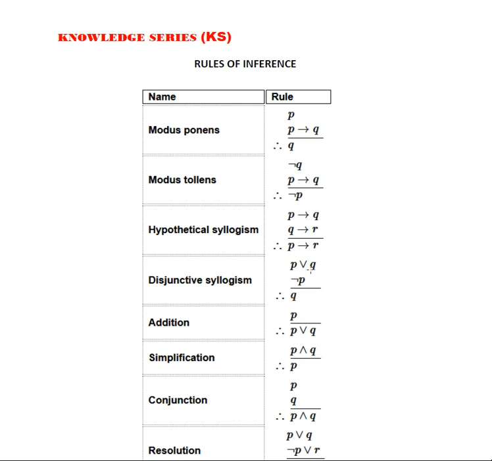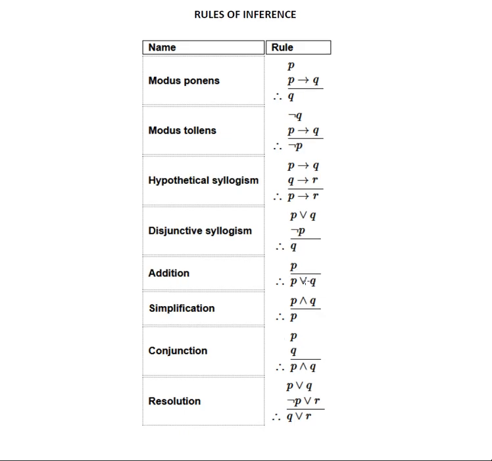So that means if P is false, then Q is true. Addition is also shown here. Similarly, simplification, conjunction, and resolution have been put together.